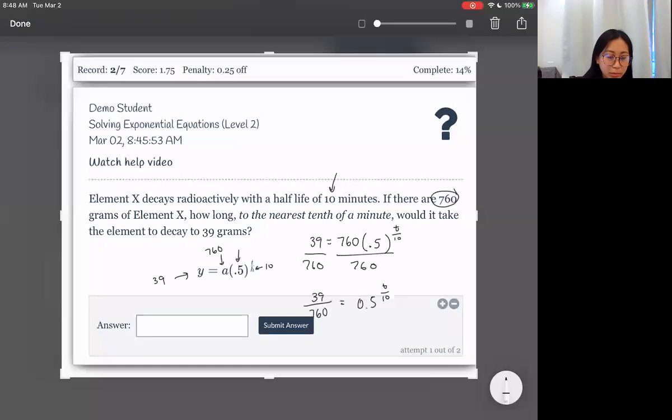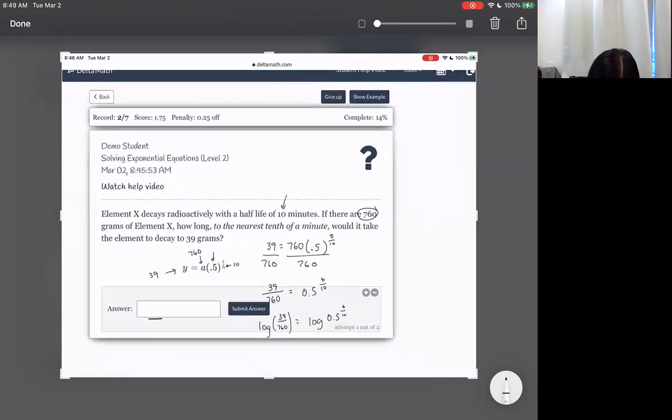And once you have your exponential by itself, you can do a log of both sides. So I'm just going to write log in front of both sides. So log of 39 over 760 is equal to log of 0.5 to the power of T over 10. Oops, I'm trying to zoom out.